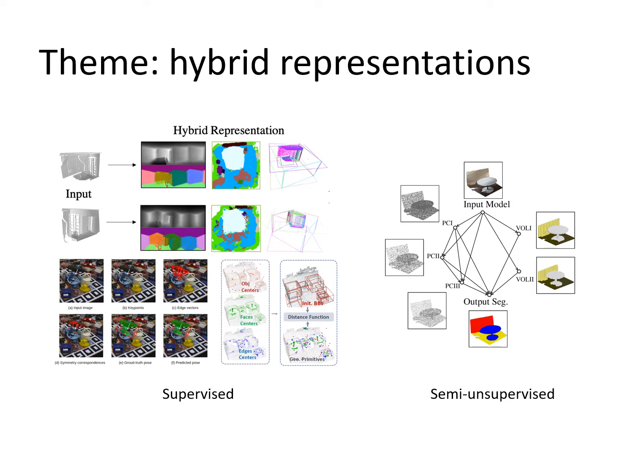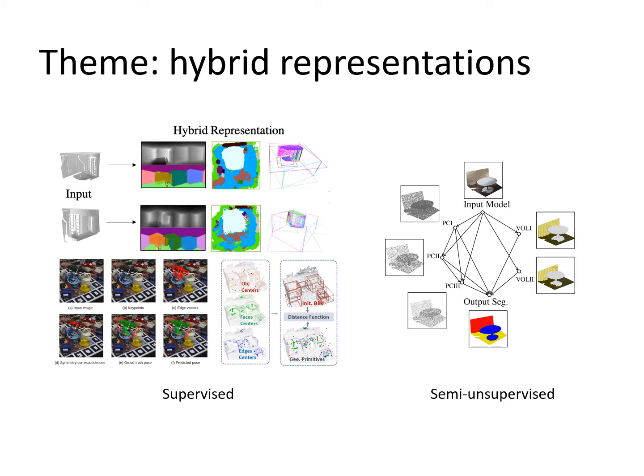I will divide the talk into two parts. In the first part, I will discuss how this view is beneficial under the supervised learning setting. We will go through basic tasks in pose estimation, relative pose estimation, and object detection to get a flavor of how this can possibly be done.